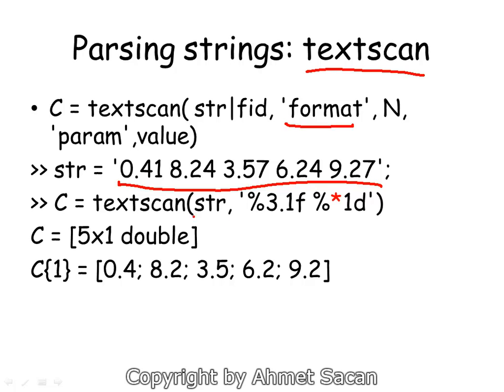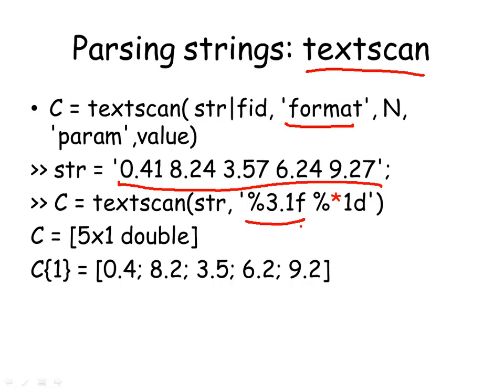And then I'm using textscan with %3.1f. So that says I'm parsing out floating point numbers. Each of those floating point numbers will span 3 characters. And after the decimal point, I'm looking for a single digit.